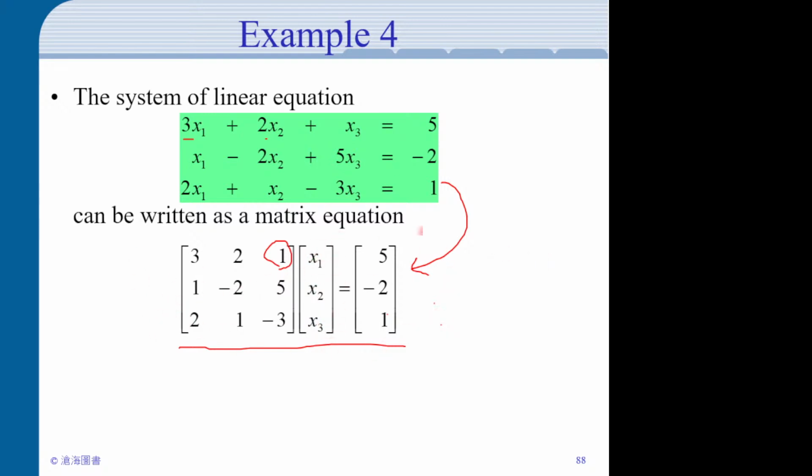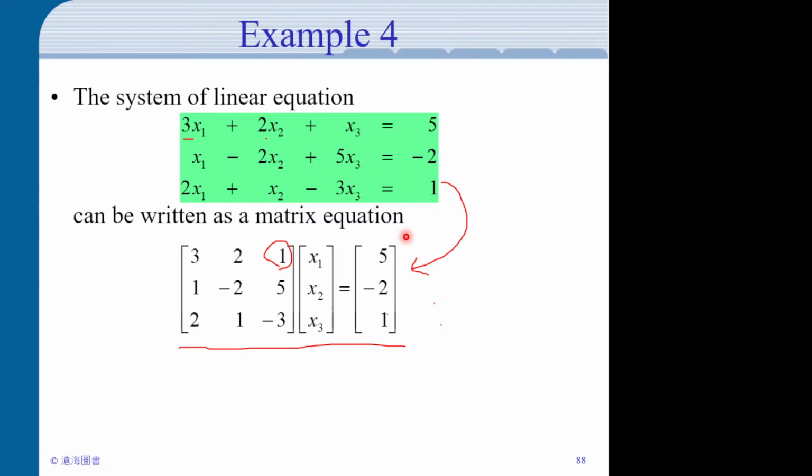And our matrix multiplication definition says that this equation equals this equation rigorously, because if you carry out the matrix-vector multiplication, you get a vector whose elements are exactly the same.